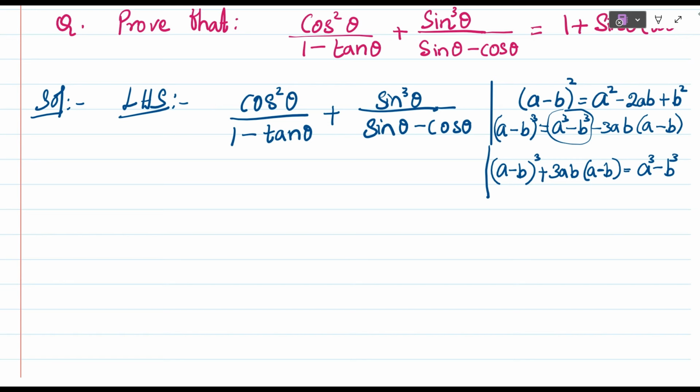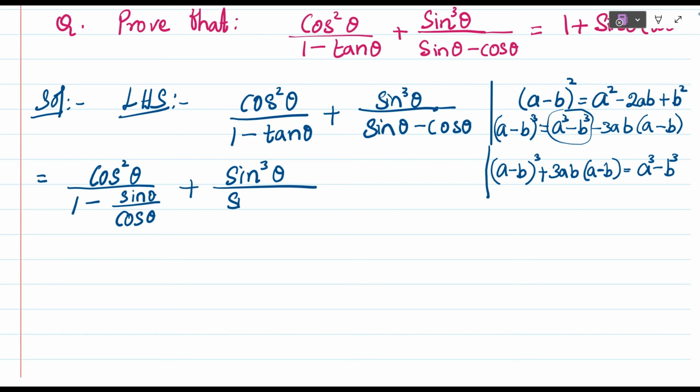So LHS will be equal to, so here what I am going to do is convert this tan theta. So cos square theta by 1 minus tan theta, in terms of sin theta and cos theta, is sin theta by cos theta. Clear? Plus sin cube theta by sin theta minus cos theta.